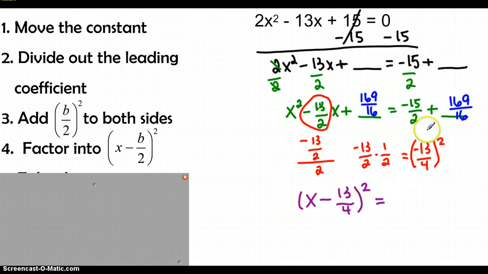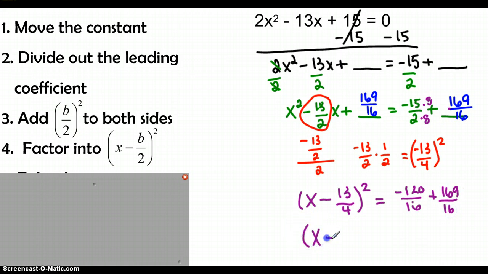And we're going to set that equal to whatever we get over here. So on the right-hand side of our equation, we need to get a common denominator. So I'm going to multiply by 8 to the numerator and denominator to get a common denominator of 16. So I have negative 120 over 16 plus 169 sixteenths.